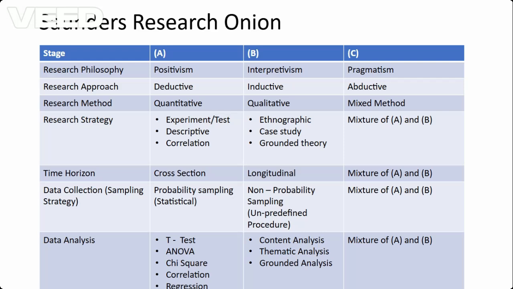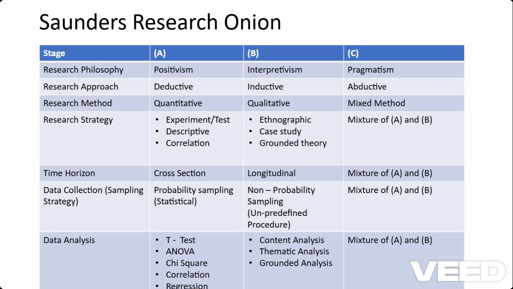Same case if you are in an interpretivism philosophy, your data analysis is supposed to follow content analysis, thematic analysis, grounded analysis. Everything has to be aligned. That's the whole idea about your research method. Don't mix up things.